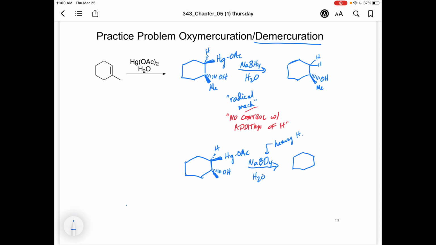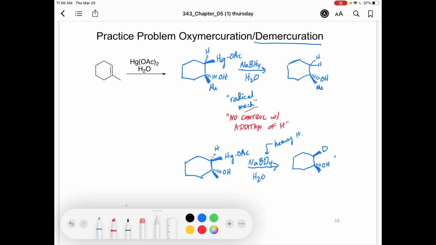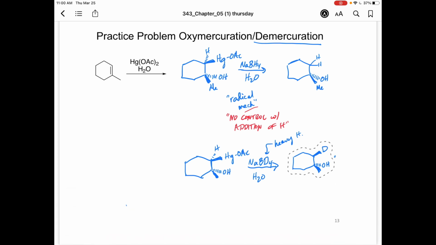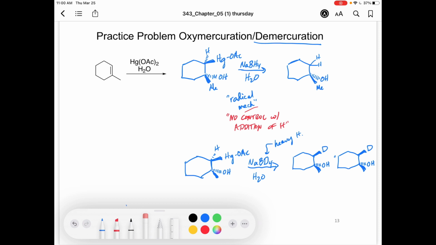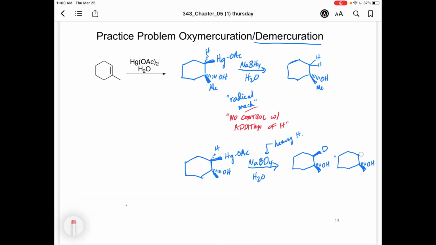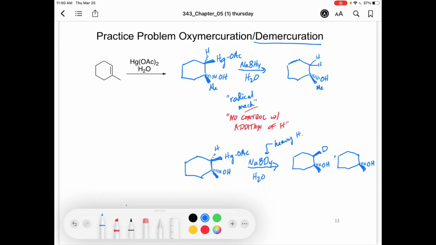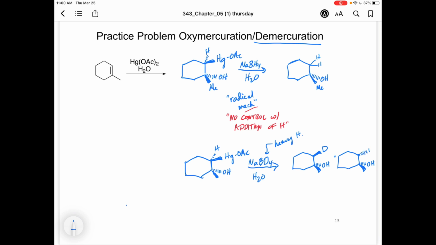So we're going to get the deuterium adding on the same side. Plus, we're going to get the same product where the deuterium has been added on the other side. These two are diastereomers.